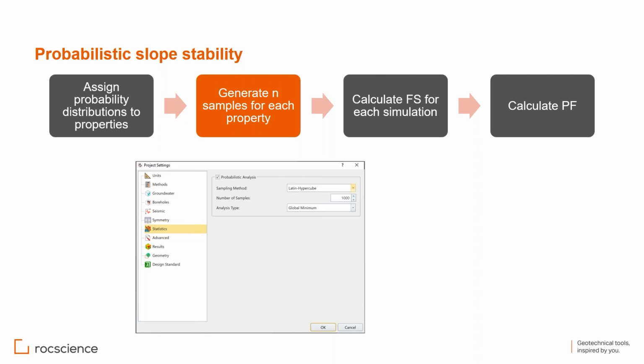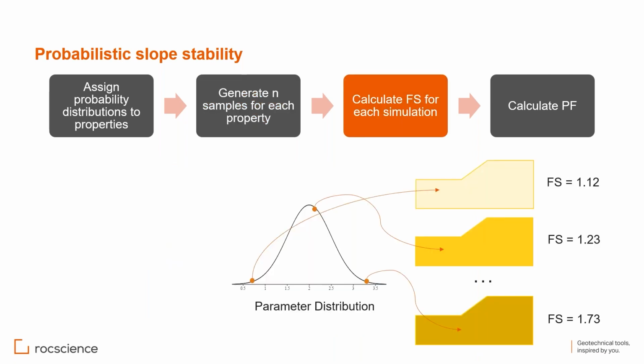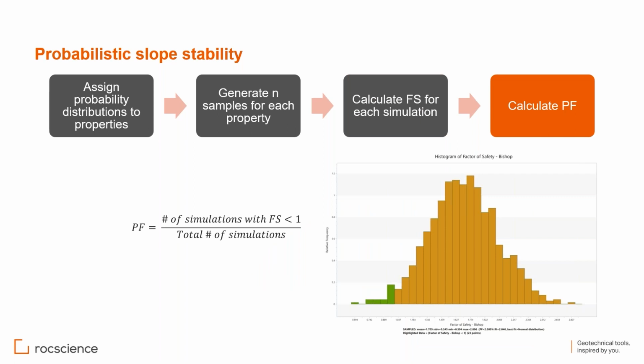After defining the sampling method, we start sampling, and based on the parameters that we sample from the distribution curve, we get a factor of safety. And at the end, we get a histogram distribution for the factor of safety, and the green region is the region where all factors of safety are less than 1. We count them, which is 23 points in this case, and divide it by the total number of samples, and it gives us the probability of failure.